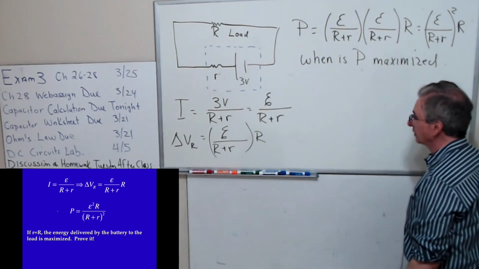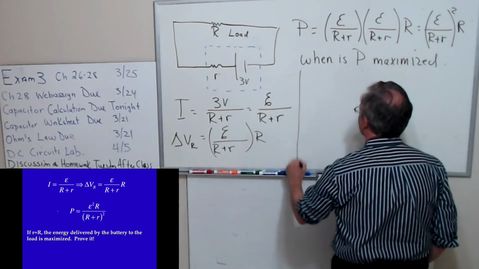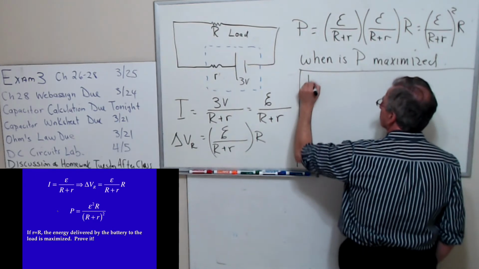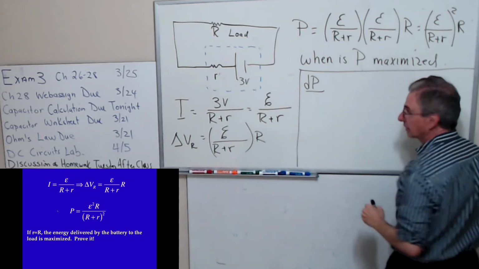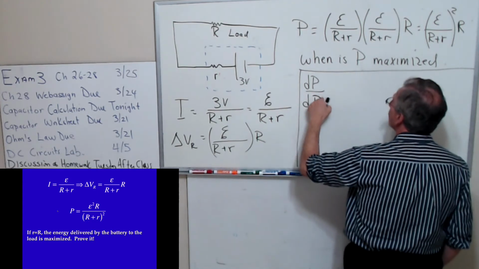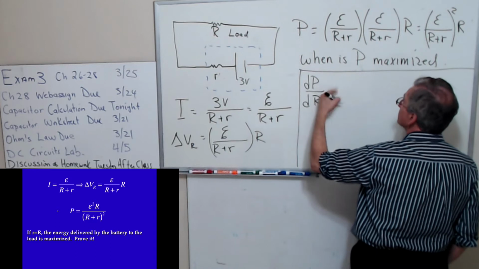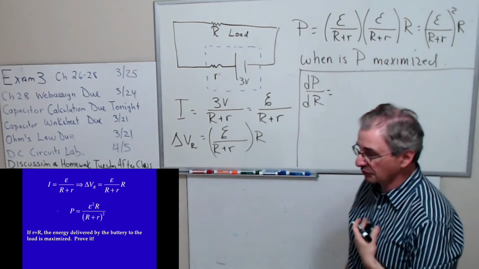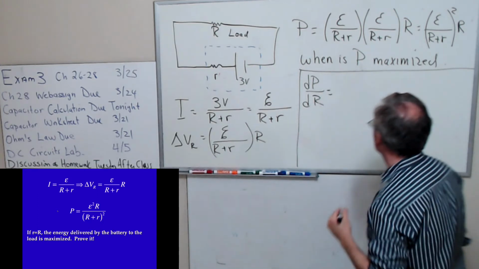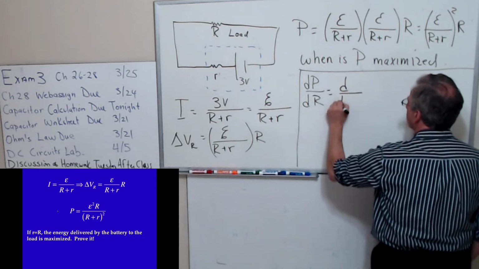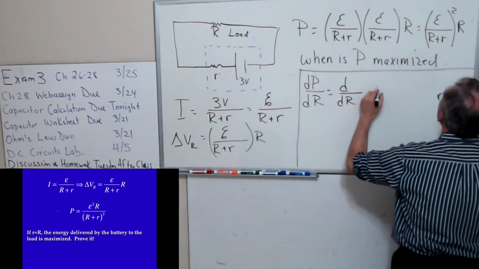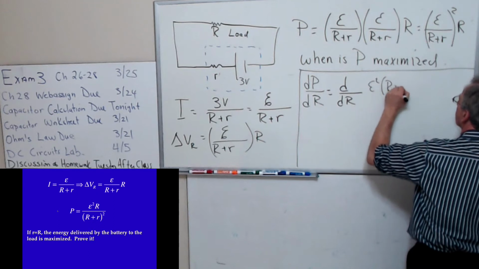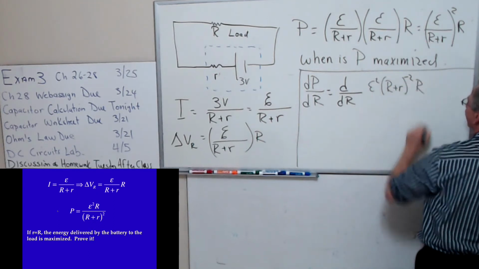Okay, so let's do a little calculus. One of the few times we do calculus in this unit. So I'm going to take dP over dr. I want to find for what value of the load resistance this is maximized. I never remember the quotient rule. Just use a negative and do the product rule. Yeah, I use the product rule.